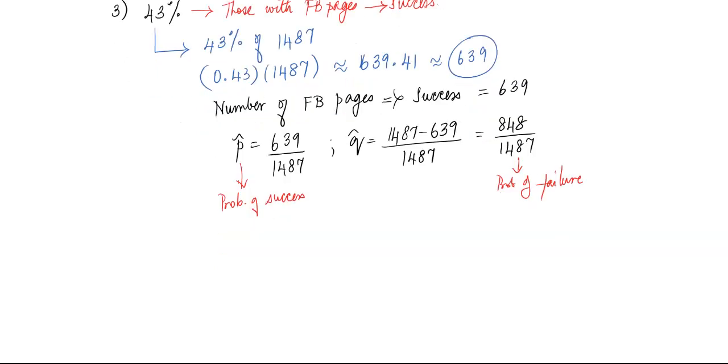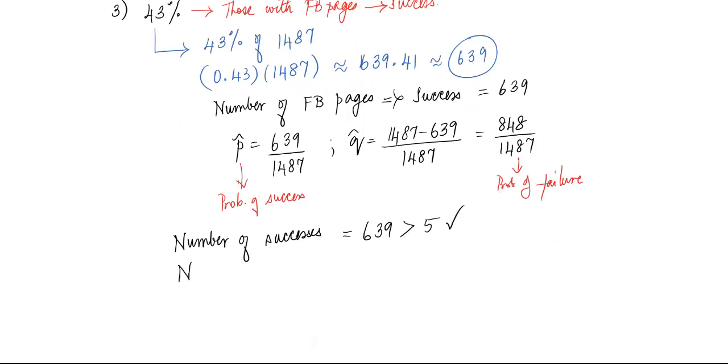All that is good, but let's stay focused on the third condition, which said the number of successes must be 5 or more, at least 5. The number of successes is 639, which is way more than 5, so we got that.